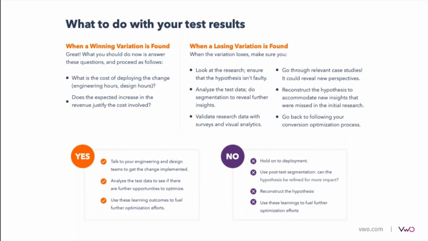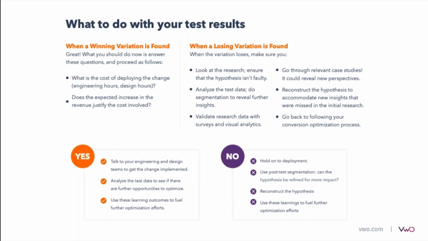However, when you find a losing variation, you have to think about it even more deeply. You should go back and look at your research and find out if you have a valid hypothesis or whether your hypothesis was indeed faulty. You should analyze the test data as we talked about, and then do segmentation to reveal insights of other segments.